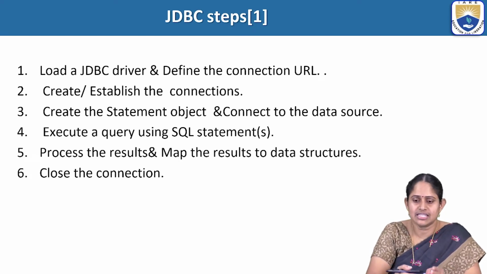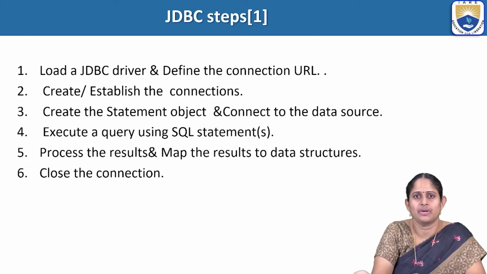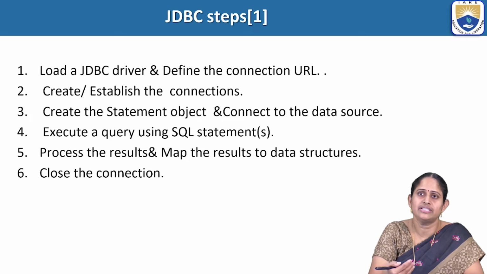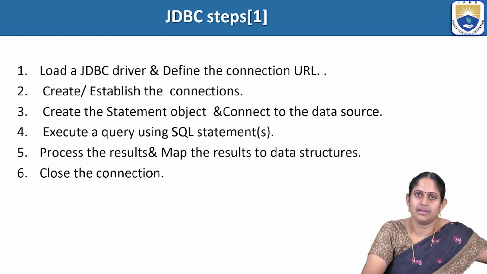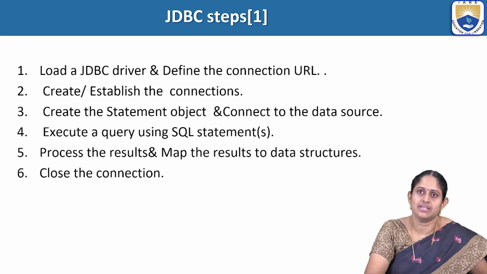Now, if you want those SQL statements to be operated using a Java program, we make use of JDBC connectivity. In order to have this Java system connect to the database system, we make use of JDBC connectivity.